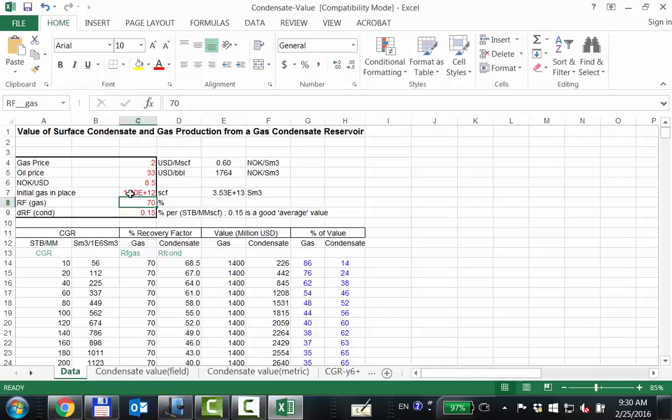Of course, in the United States, you don't find this size of gas reservoir, okay? But in the North Sea, if the gas field doesn't contain at least 10 to the 12th standard cubic feet of initial gas in place, it won't be developed, probably, okay? That's kind of the marginal size of an offshore North Sea gas reservoir. But it would be kind of a monster reservoir in the United States.